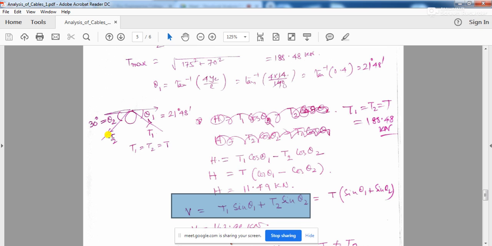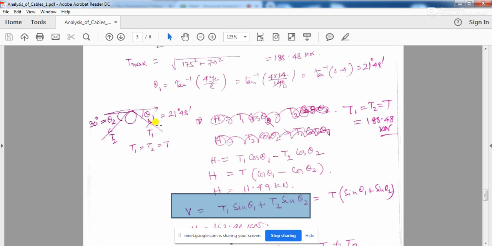In case of a saddle on rollers, the equilibrium condition will be given as H1, that is the horizontal component of force in this direction, will be equal to the horizontal component of force in this direction. That means the horizontal component of the tension coming in the main cable should be equal to the horizontal component of the tensile force coming in the anchor cable.